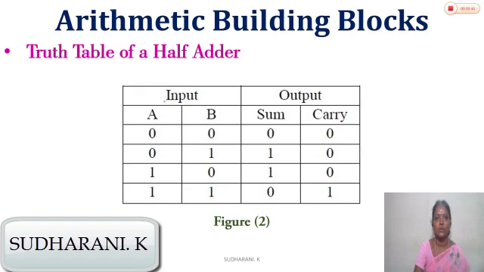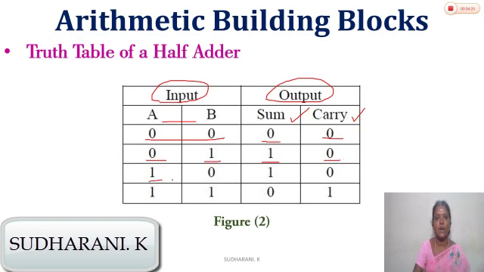As you know, the half adder has two inputs which are represented as A and B, and it produces two outputs, say sum and carry. When the two inputs are 0, the sum output will also be 0 and carry will also be 0. When input A is 0 and input B is 1, the sum output will be 1 and carry will be 0.